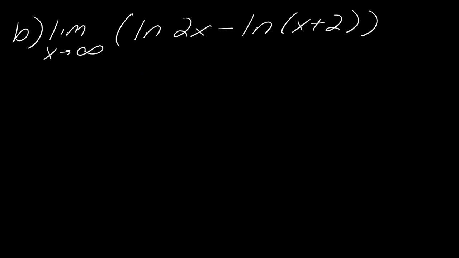So in this particular case, the context is going to matter. The context always matters with L'Hopital's rule type problems, by the way. So in this case, I have natural logs here, and I've got a subtraction problem. So that actually is a logarithmic property, and this actually is a division problem in disguise.